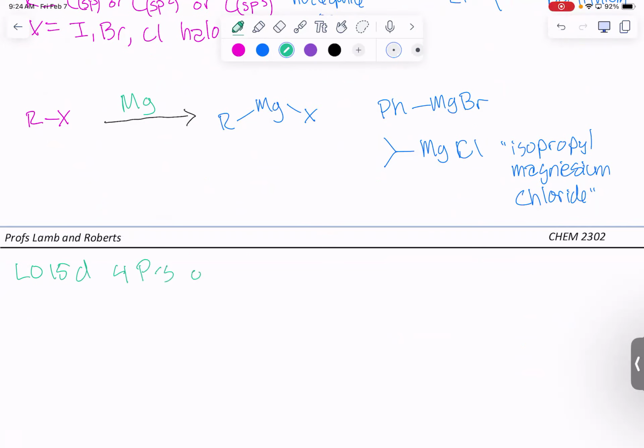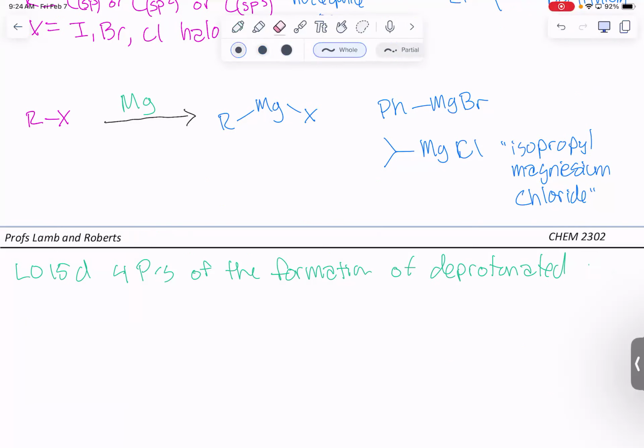So 4 Ps of the formation of deprotonated species through organometallic reagents acting as bases.